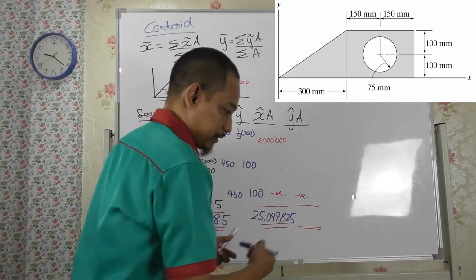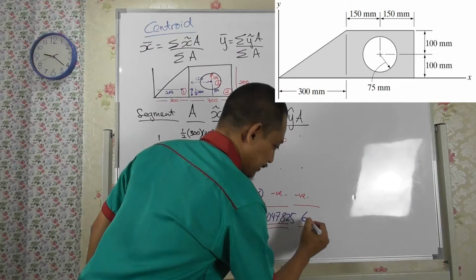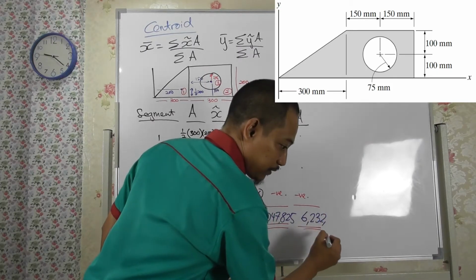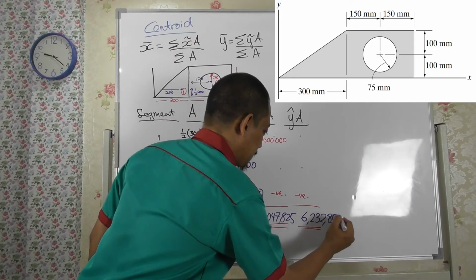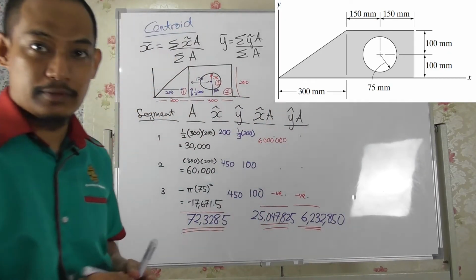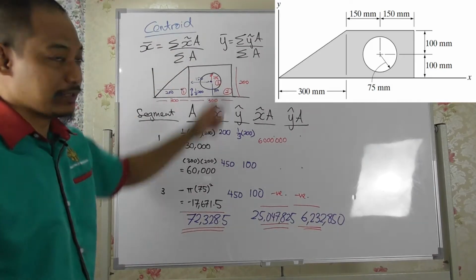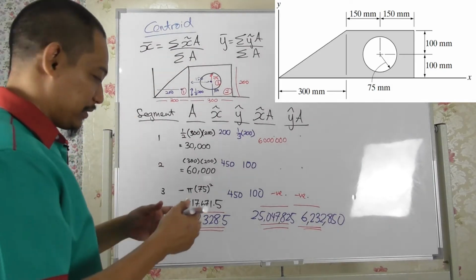So again, here is 6,232,850, right? So based on these numbers, then you can apply straight away this equation. It's just plug and play, right?